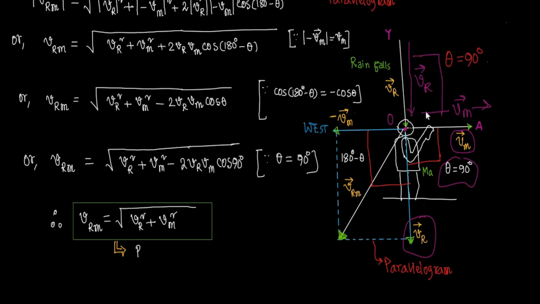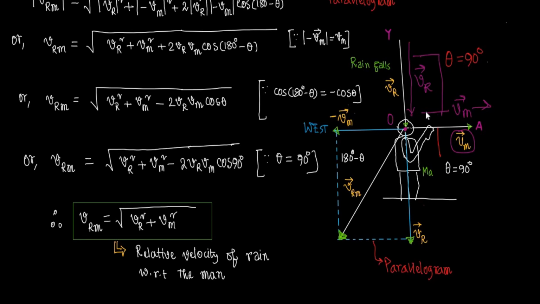That is the relative velocity of rain with respect to the man, provided rain falls vertically downwards with the velocity Vr, and the man is walking in the horizontal direction with the velocity Vm east. So VRM equals square root of Vr square plus Vm square.